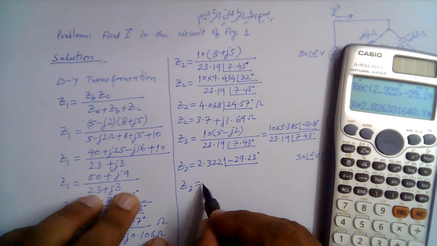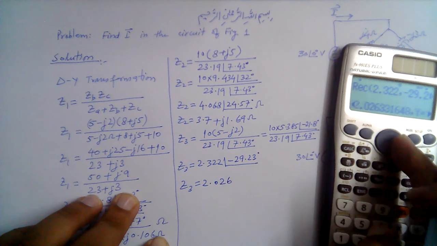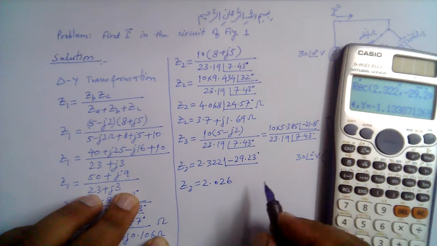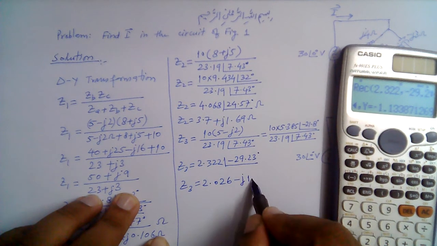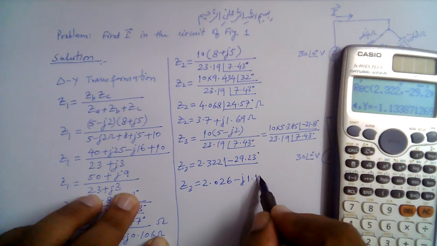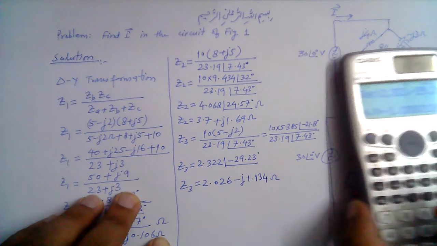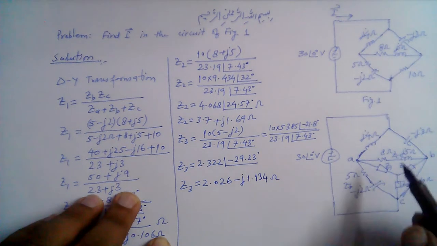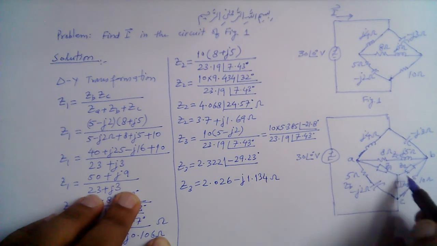This is 2.026 minus j1.134 ohms. So we have determined all the three impedances in the equivalent Y combination.